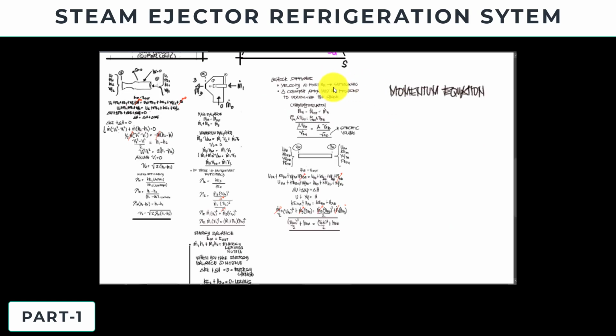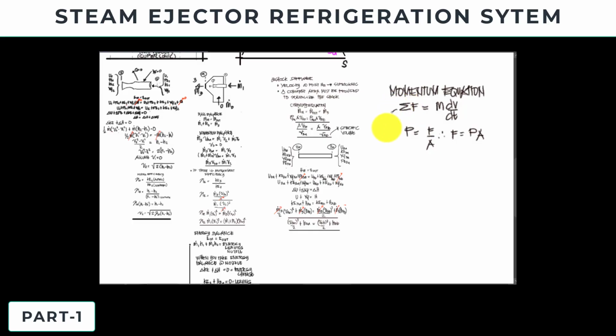Now for the momentum equation at the shaft diffuser, we have the summation of forces equal to the mass times the derivative of the velocity with respect to time. Knowing that pressure is equal to force over area, we can say that force is equal to pressure times area.